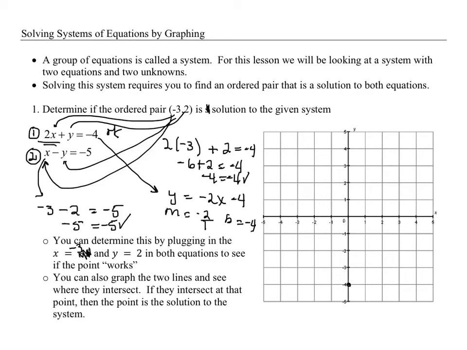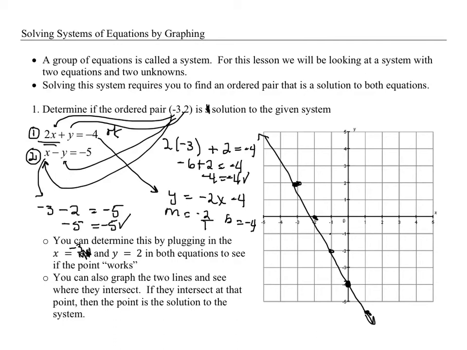So I'm starting here at negative 4. The slope says to go down 2, right 1. Or I can go up 2, left 1. Up 2, left 1. And then I can just graph my line. Make that point bigger.